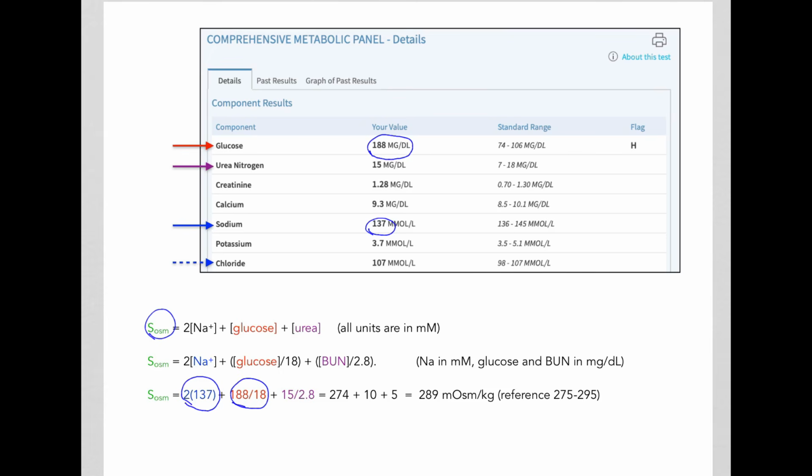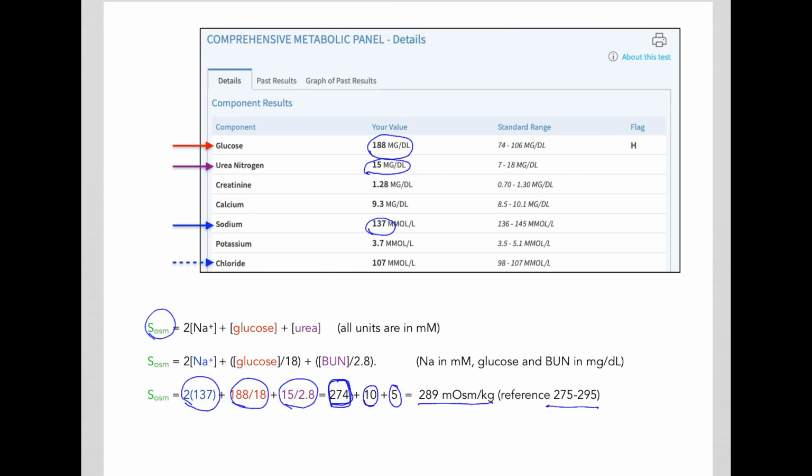And then we have the concentration of urea, BUN, blood urea nitrogen. That's 15. 15 divided by 2.8. And we get 274 for sodium. You can see this is a huge number compared to 10 for the glucose part, 5 for the urea part. Add all that up to give you 289, which you can see falls in the reference range.